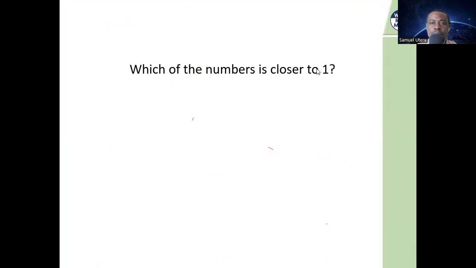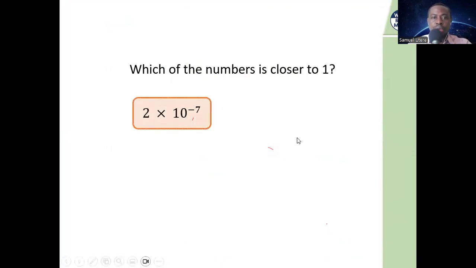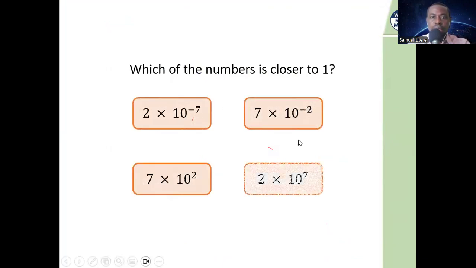Let's look at another example to prepare you for the next set of practice exercises. If I give you these numbers, which number would we say is closer to 1? Well, we can start by using an elimination method. We find the numbers that are too big and cross them out, because we agree those numbers are bigger than 1 anyway.